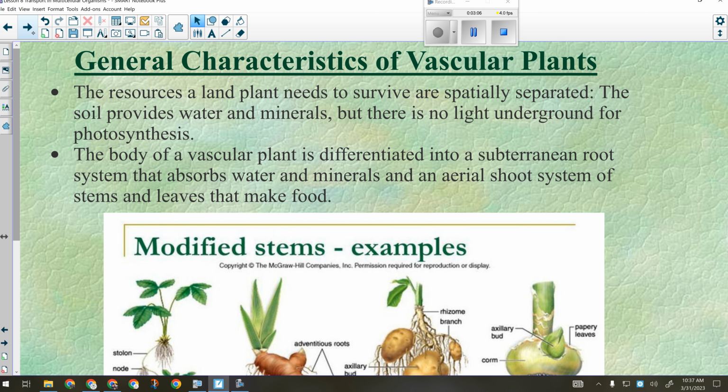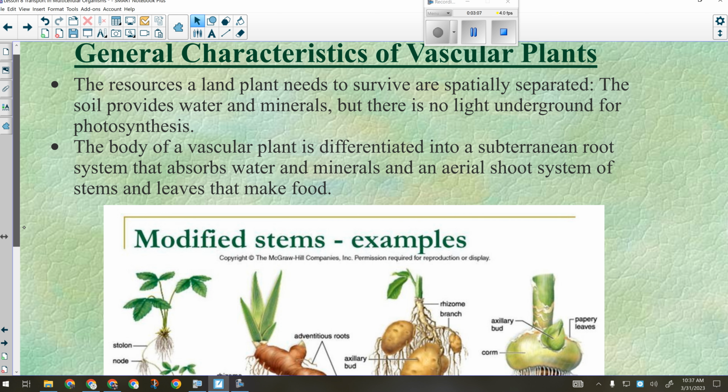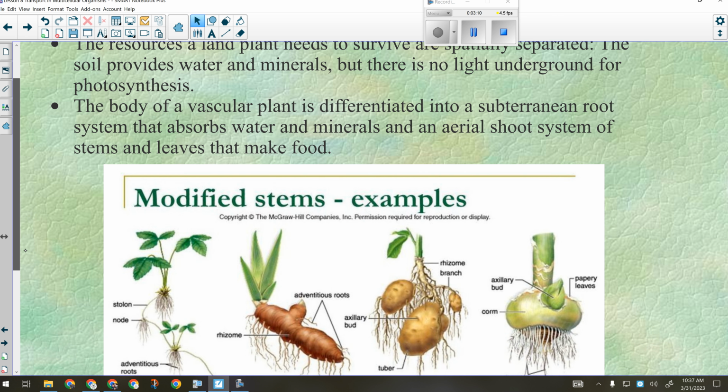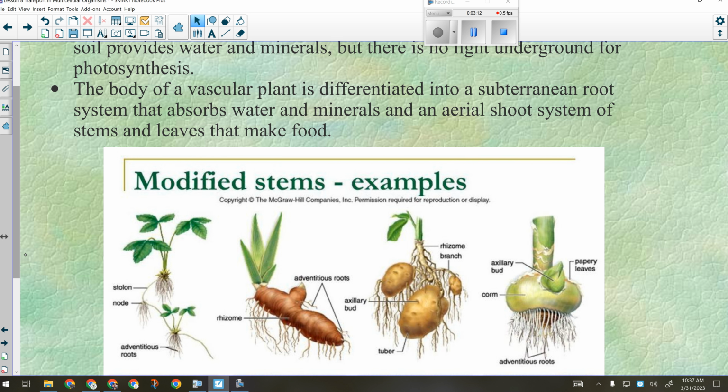Now, when we're talking about plants, or at least terrestrial plants, here's what we have to understand. The resources that they need, that would be water, carbon dioxide, and sunlight, are not found in the same place.